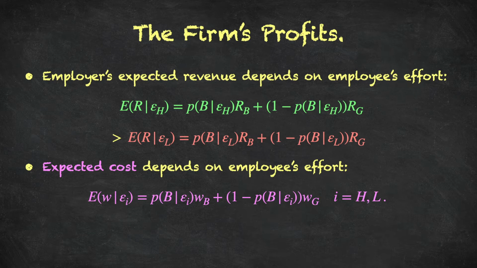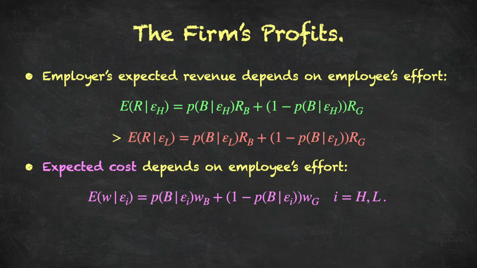And of course, the probability of bad or good revenue is affected by the effort of the employee. Now, because we assume high effort makes bad revenue less likely and bad revenue is less than good revenue, two very natural assumptions, we can see that the expected revenue conditional on high effort will be greater than the expected revenue conditional on low effort.